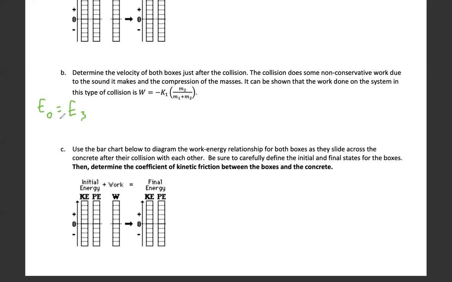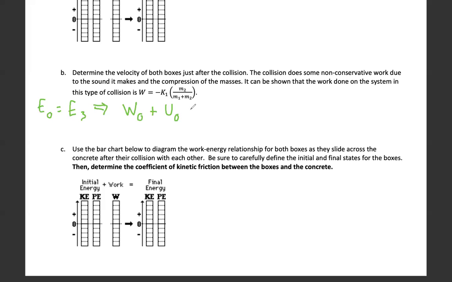The point is, what's the initial energy? The initial energy was the work we initially did, the 600 joules, plus the initial potential energy from the height when we started.